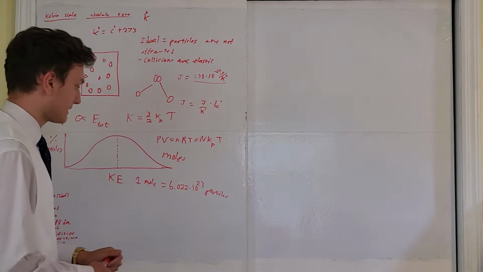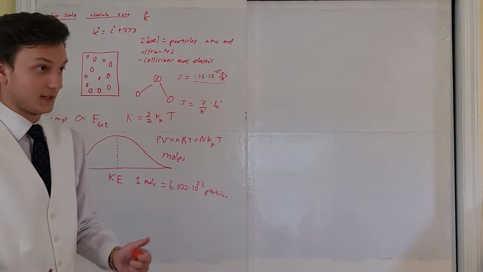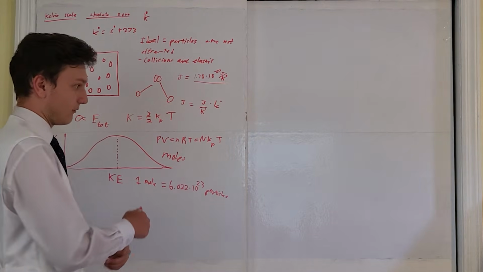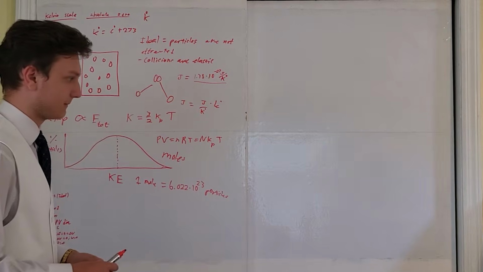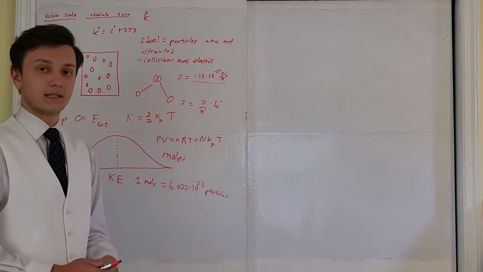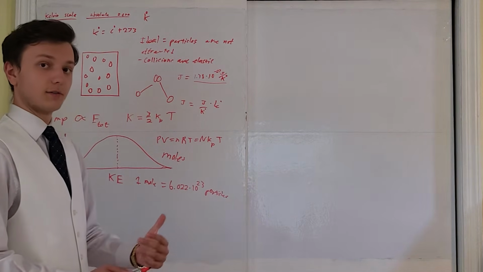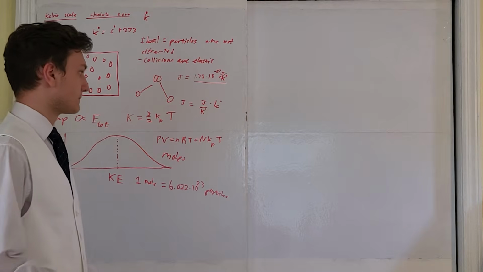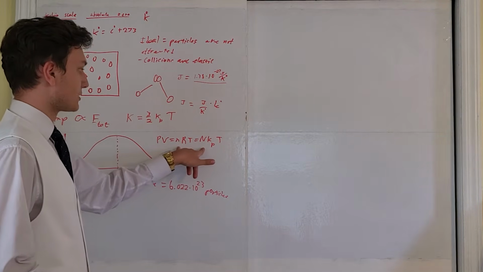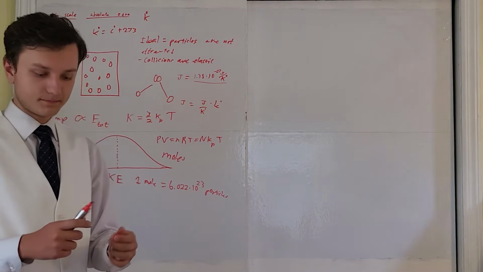I don't want to write, I have 6 times 10 to the 23 particles in my system. I just have 1 mole of particles in my system, okay? So lowercase n is the amount of moles you have. Capital N is the amount of particles you have, okay? So they are 2 quantities that represent the same thing, and they differ by a constant, okay?